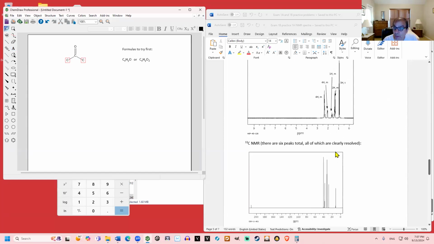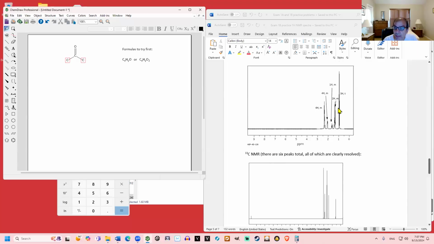Of course, we have to be careful. We've already determined from the proton NMR spectrum that there seems to be a plane of symmetry. How else would we get these two 4H peaks? In fact, we probably want to write down that we have two different types of CH2s, doubled.